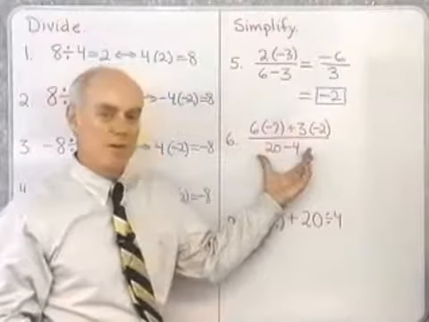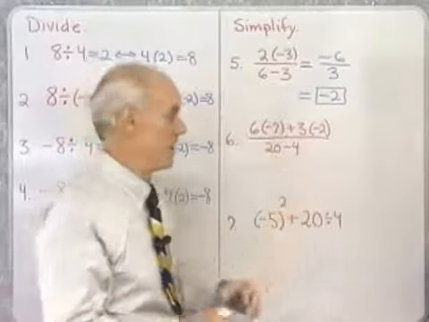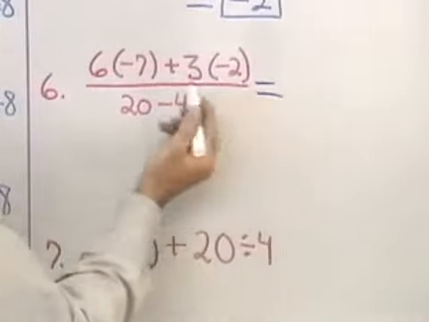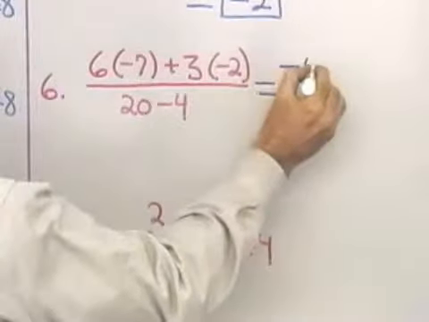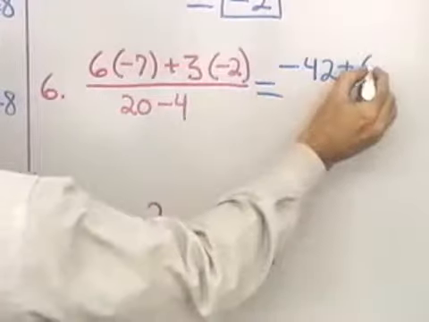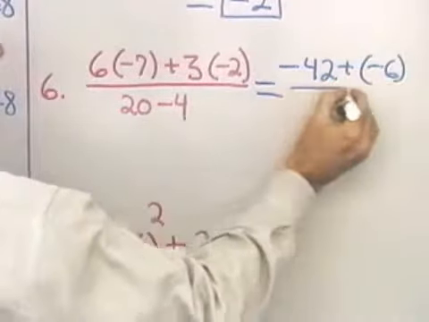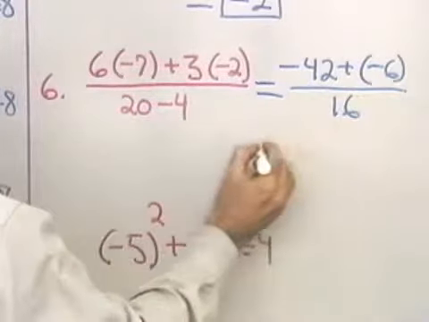My next problem here is a little more complicated also. I want to work on the numerator separate from the denominator. So let's start. I have addition and multiplication. I'll multiply first. I have negative 42 plus 3 times negative 2 is negative 6. All that's divided by 20 subtract 4, which is 16.